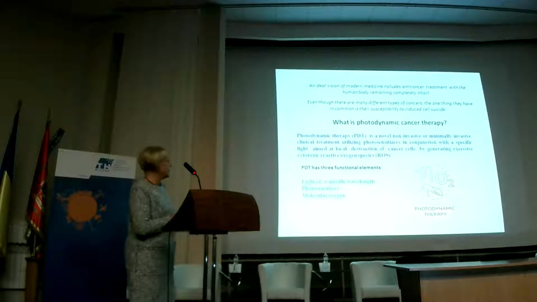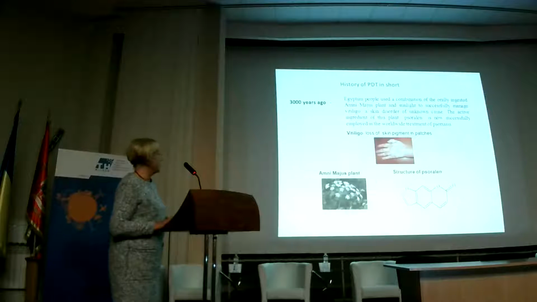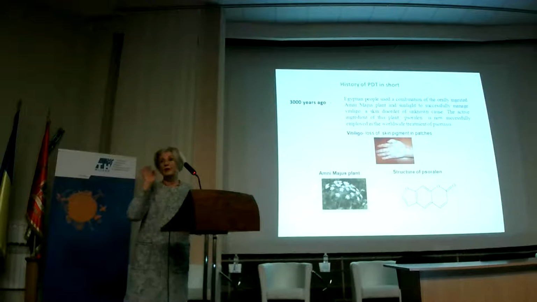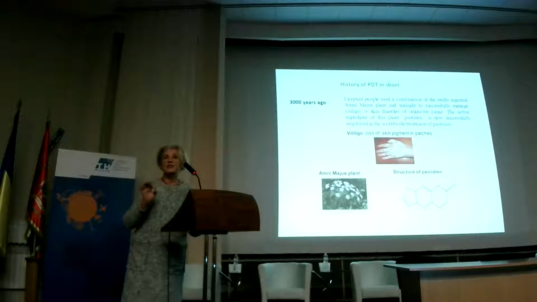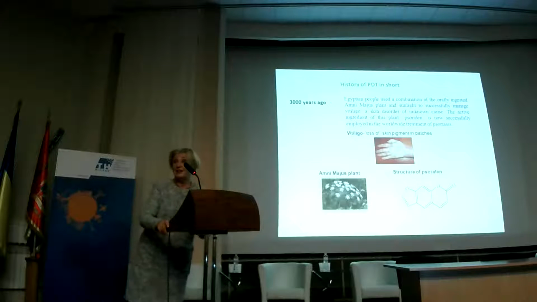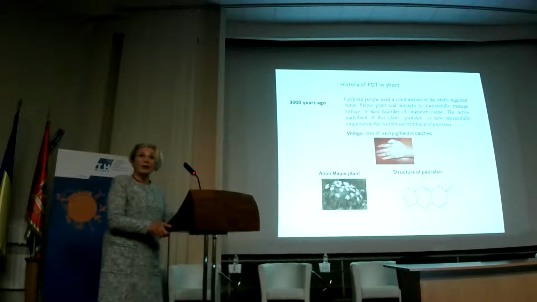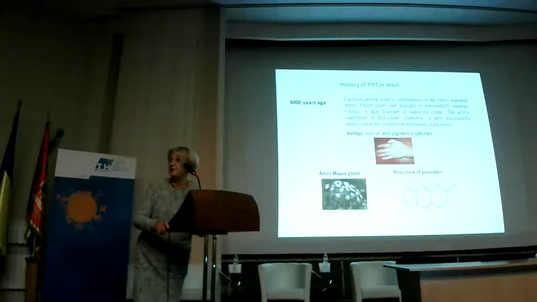It is hard to speak about photodynamic therapy without a short excursion into history. And we will see that it is indeed a very ancient case, and we will find two Nobel laureates in the 20th century.